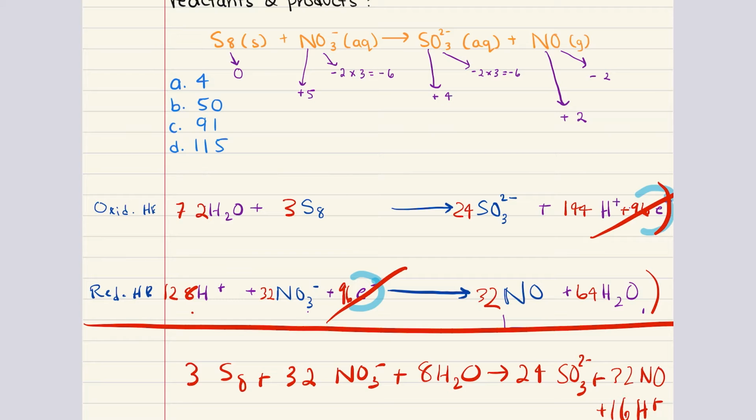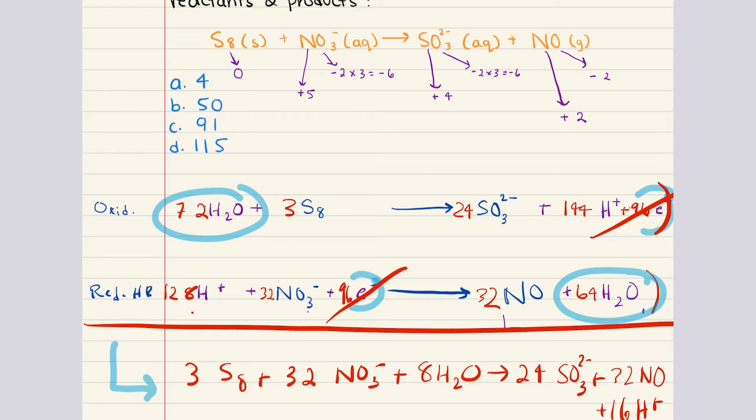Note that our numbers of hydrogen ions and water have been modified because we made sure to cancel out similar numbers of water molecules from both sides. So this gets us the following overall reaction.